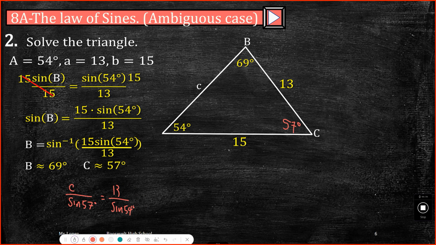Multiply both sides by sine of 57 degrees, and then the calculator will do the work. C is approximately 13 times sine of 57 degrees divided by sine of 54.